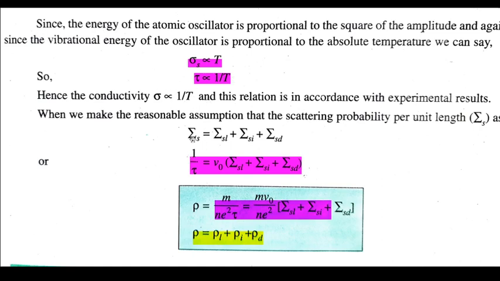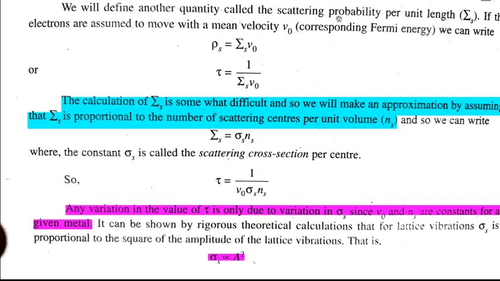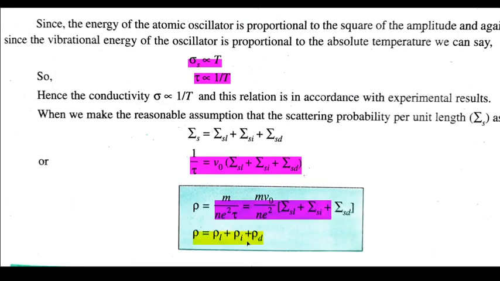With this, finally I can say that sigma s, the scattering cross section, or rather the scattering probability per unit length, which we said is difficult to measure, and all the following steps we have done are for measuring it. The probability of scattering per unit length is summarized into three parts: scattering because of the lattice, scattering because of imperfection and impurity, and scattering because of permanent defects in the crystal.